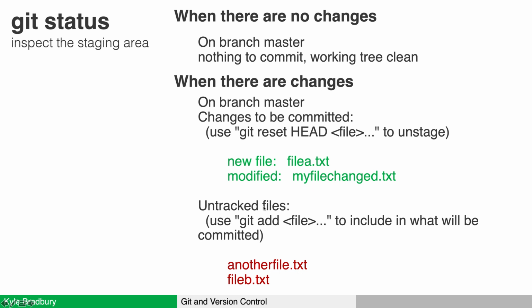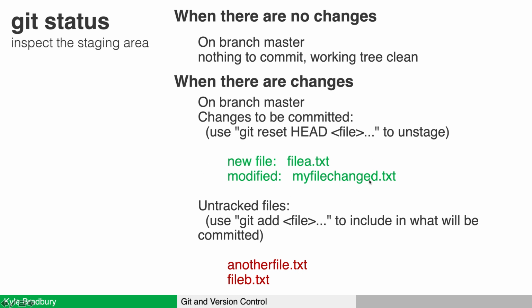Now, you'll also see a list of untracked files. So these are files that have not been added into the staging area using git add, but were found in your working directory. So it might be another file.txt and file B. You'd have to use git add to add these files into the staging area.